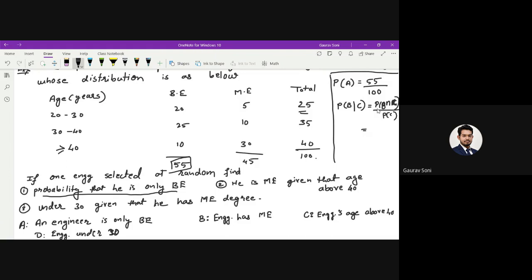What is the answer? 30 by 45. The number of elements in C is how many? There are 45. So 30 by 45.